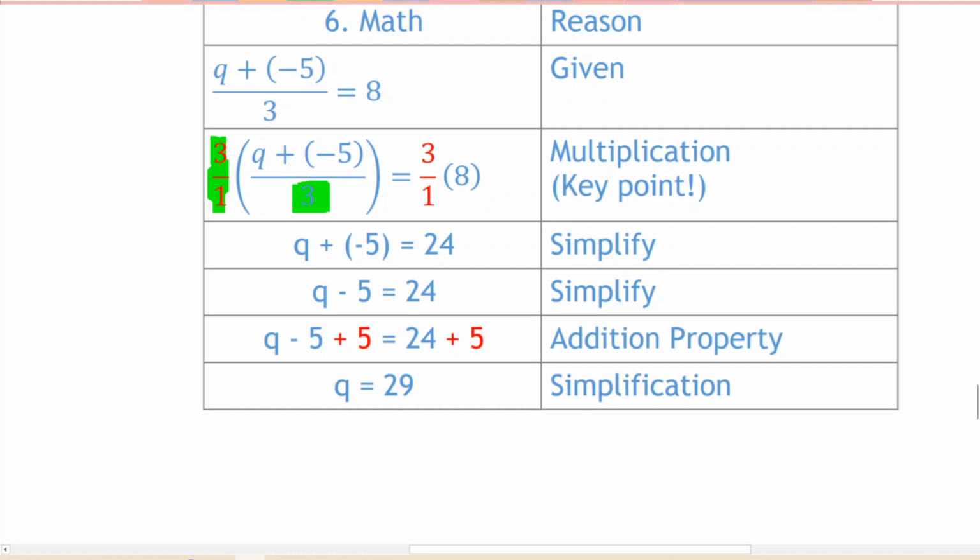Now in front of the q, the coefficient of q is 1. So you might say, well, why don't I just divide by 1 now? And well, there's never any need to divide by 1, because you're just going to get the same thing all over again. So q is in fact equal to 29, and this is actually finished.